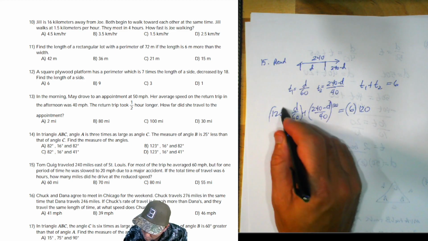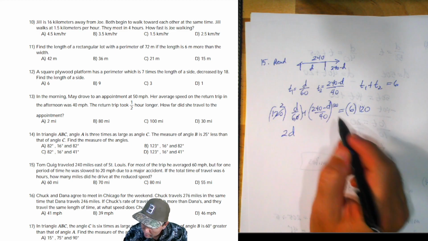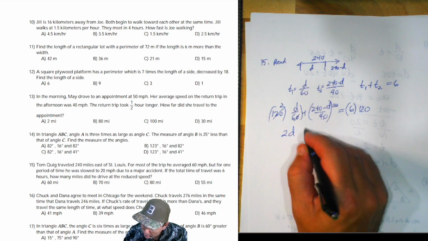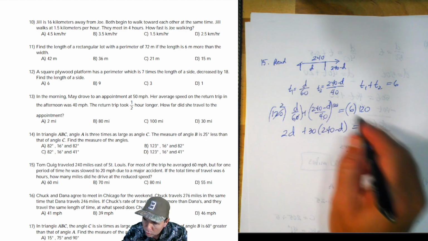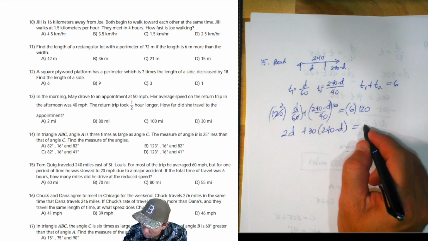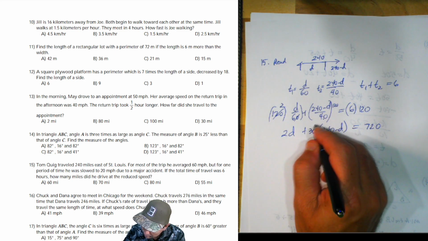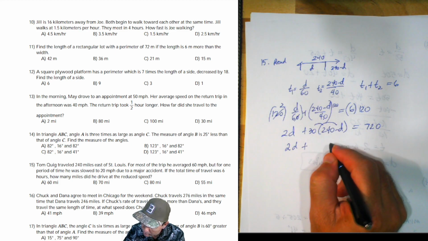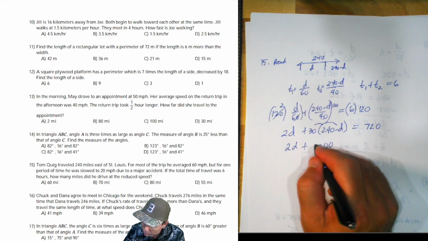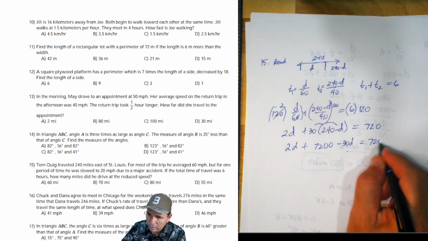Notice that 120 divided by 60 is 2, so this becomes 2d. And 120 divided by 40 is 30. And 120 times 6 is going to be 720. Now we're going to distribute the 30 here. So 2d plus 7200 minus 30d is equal to 720.